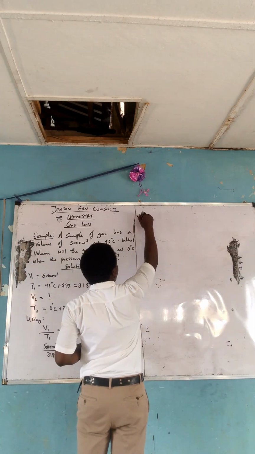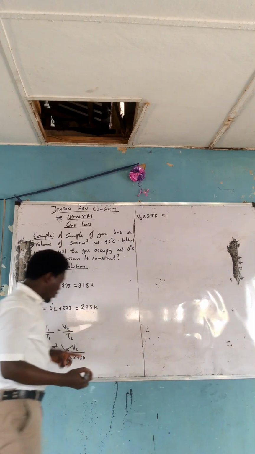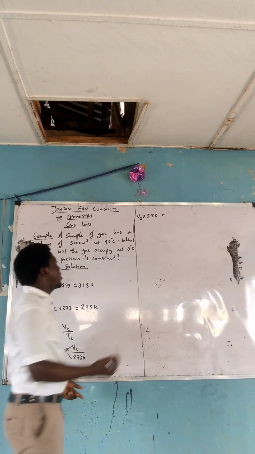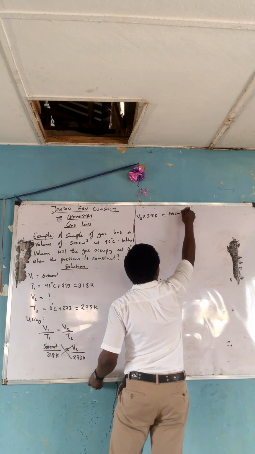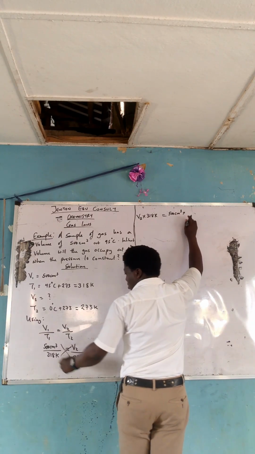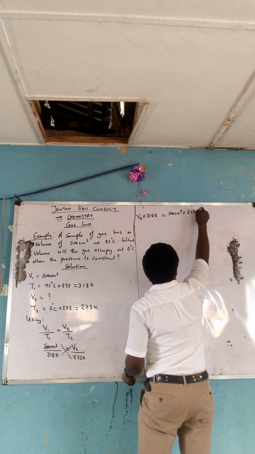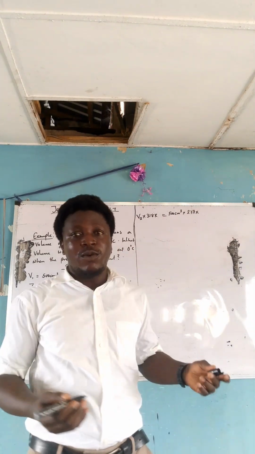So we have V2 times 318 Kelvin, which will be equal to 500 centimeter cube multiplied by 273 Kelvin.